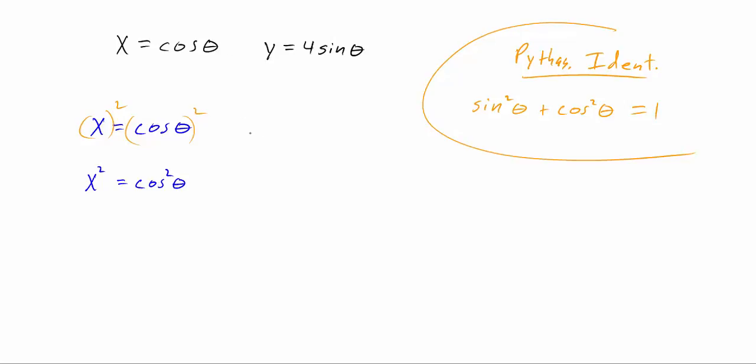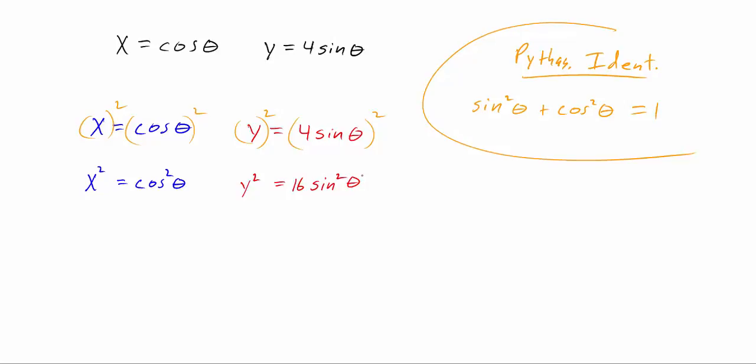And then, of course, over here, if we have y equals 4 sine of theta, we could do the same thing. We could square both sides, and we would end up with y squared equals, now don't forget to square the 4 because we have a 4 here, so 4 squared would be 16 sine squared theta.